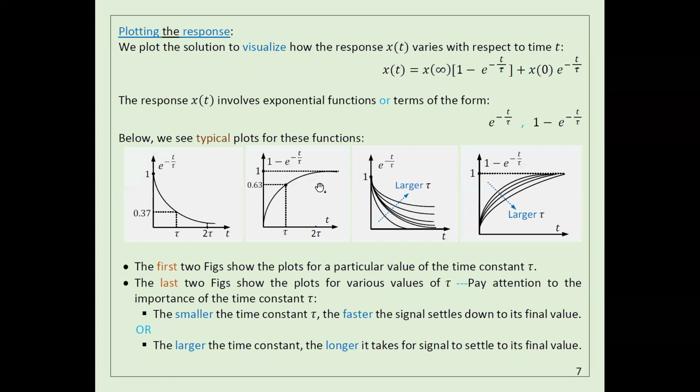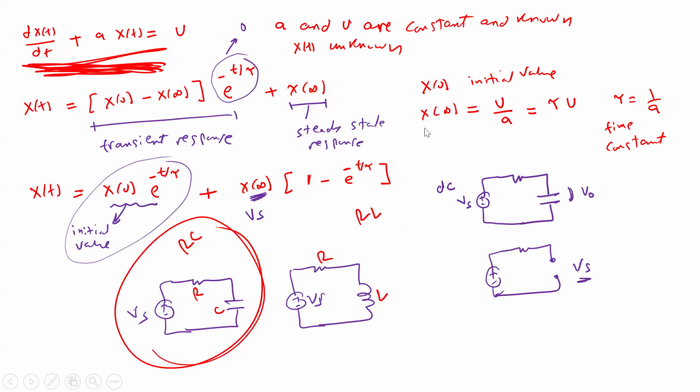As you see here, if you have e to the power of negative t divided by tau, I just want to remind you of the final conclusion I gave you last time. If you have a resistance and a capacitor this way, now I'm giving you more details. This is the current.